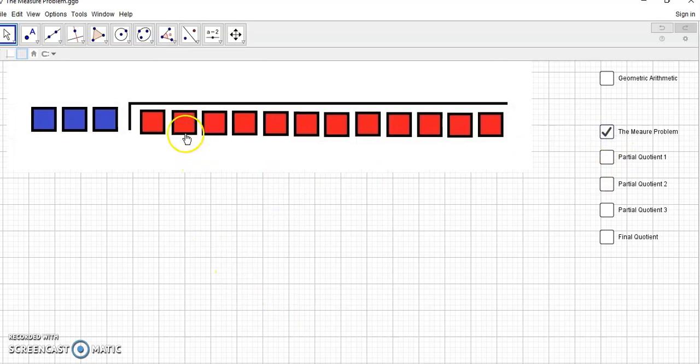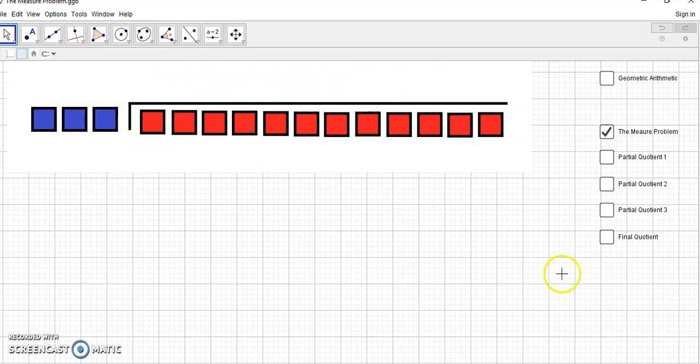So we have, let's say, something like this where we want to measure using this unit here, and I've put spaces in between it to make it easy, but they could have all been right next to each other as one unit, and the same with these red blocks. But I'm using the red blocks to denote the dividend, the blue blocks a divisor, and the green blocks the partial quotient, which I'm going to be putting up here.